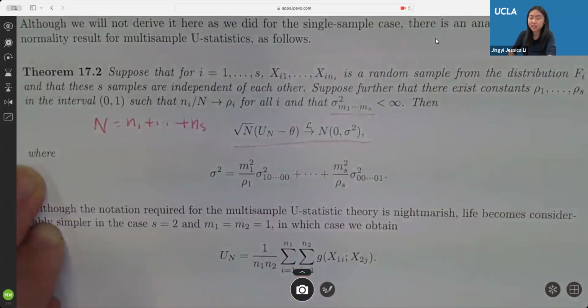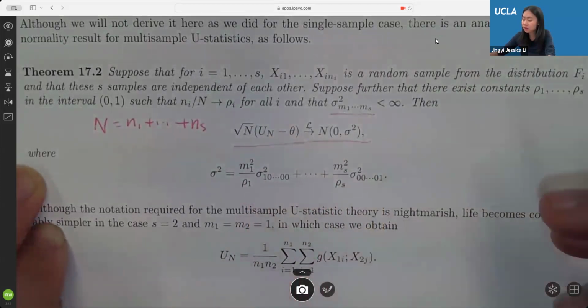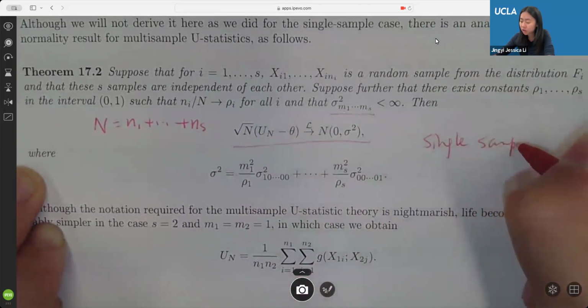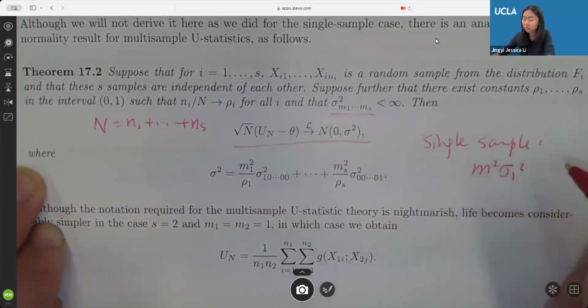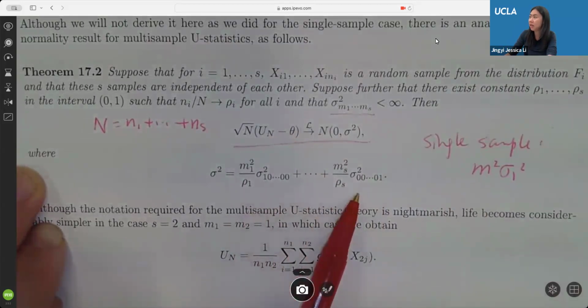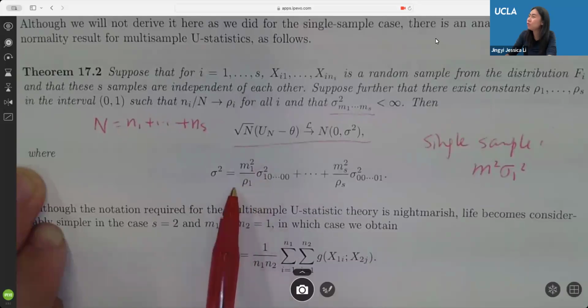But remember, it's a little different from what we had for the single sample. For a single sample, what we showed you is m squared sigma 1 squared as the asymptotic variance. But here the variance has S terms added together, so it's m1 squared over rho 1, its proportion.